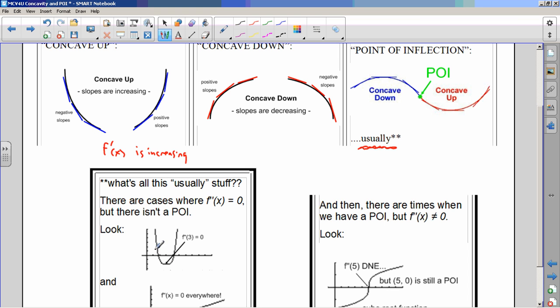So this one, I believe, is a quartic function, the basic quartic graph, transformed, moved right and down. But we can see the second derivative at 3 is equal to 0, but it's not a point of inflection. This is always concave up.